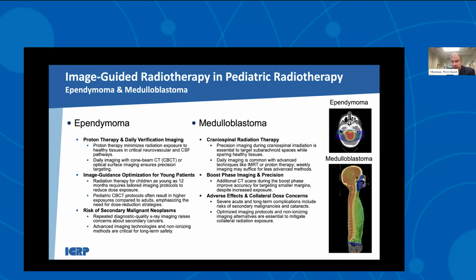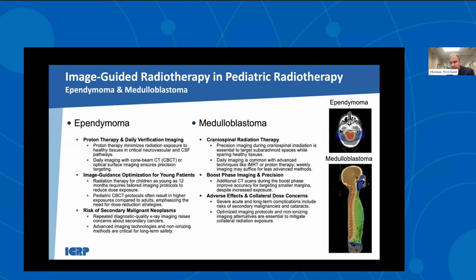It's the most common malignant brain tumor in children, and treatment involves craniospinal irradiation, which is a very large volume of treatment. This treatment exposes substantial volumes of healthy tissue to radiation. It makes imaging during treatment essential for precision treatment, particularly when we use advanced methods like intensity modulated radiation therapy or proton therapy.